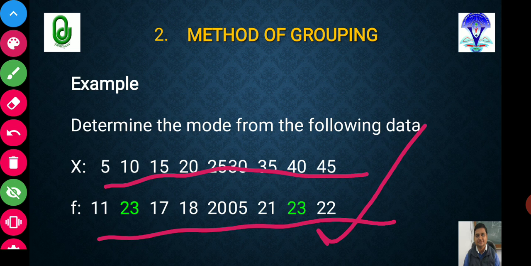Here, by simple inspection, you can see the maximum frequency is for two classes: for the class 10 it is 23, and for class 40 it is again 23. So by simple inspection, you cannot say what the modal class or modal value is. For that you will have to go for the method of grouping.